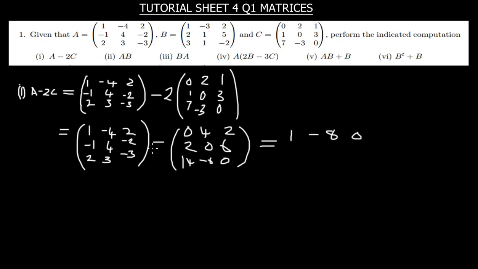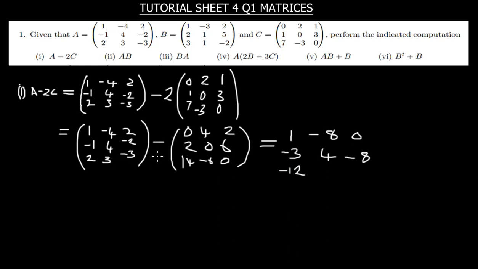Then negative 1 minus 2, you get your answer to be negative 3. Then 4 minus 0, you get 4. And then negative 2 minus 6, you get negative 8. 2 minus 14, you get negative 12.